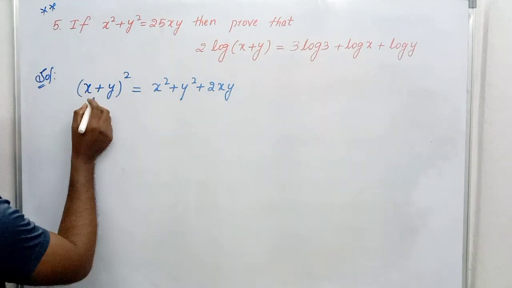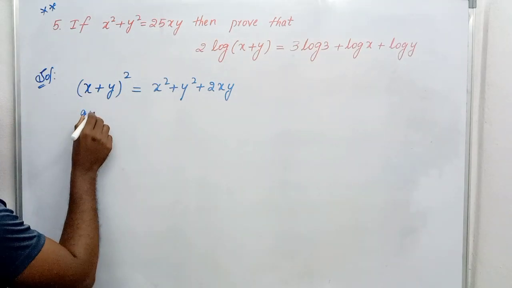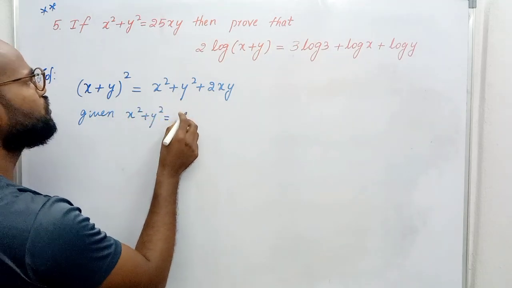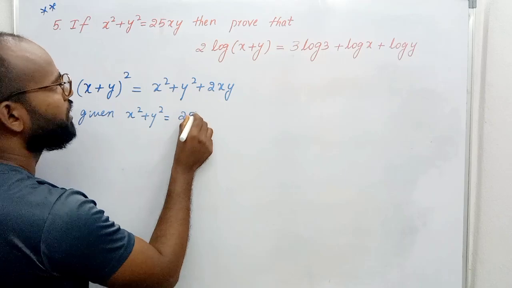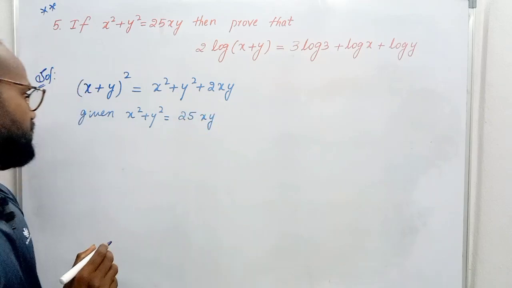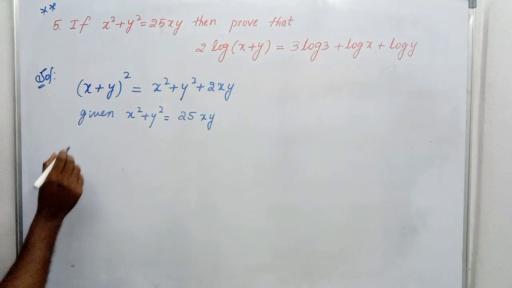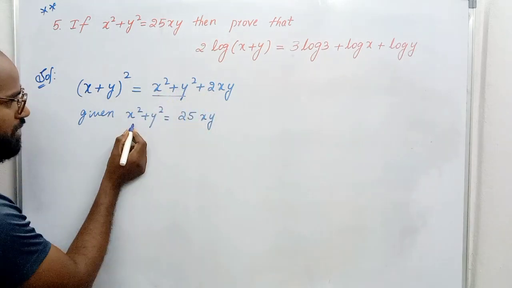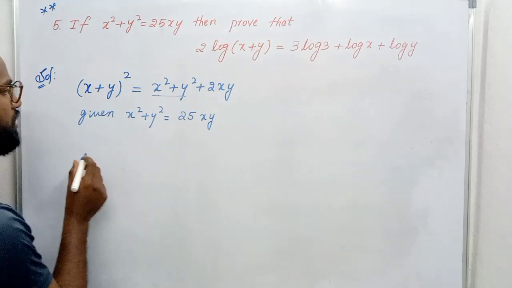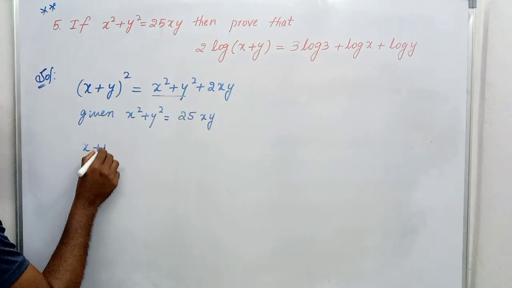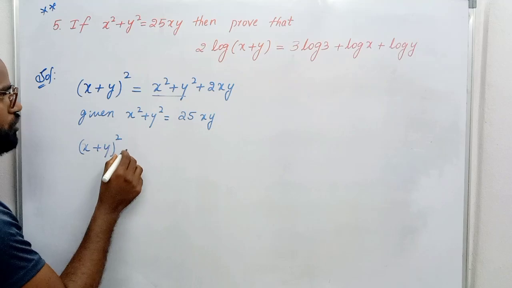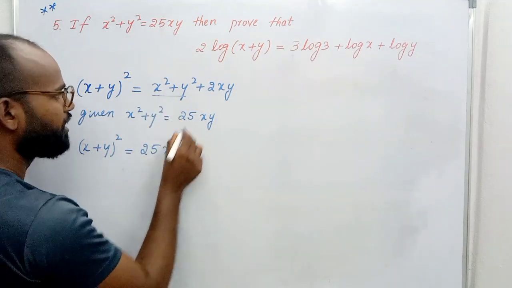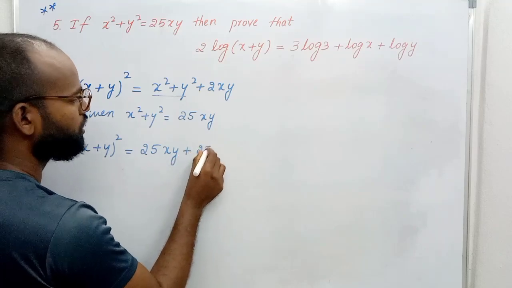Now, given x square plus y square is equal to 25xy. What I am doing here is, in the place of x square plus y square in x plus y whole square, I am writing 25xy. So x plus y whole square is equal to 25xy, remaining as it is, plus 2xy.